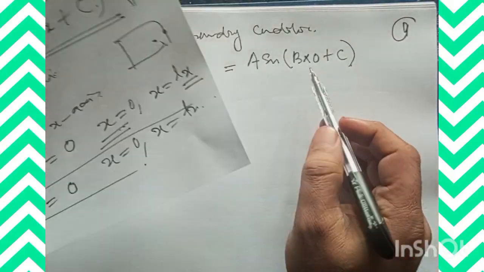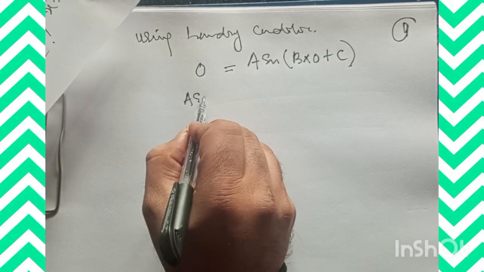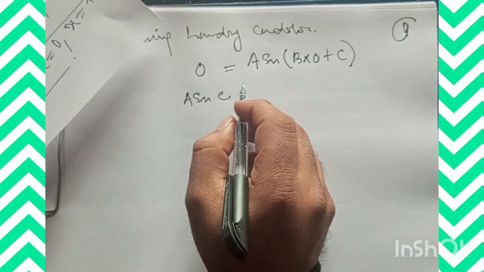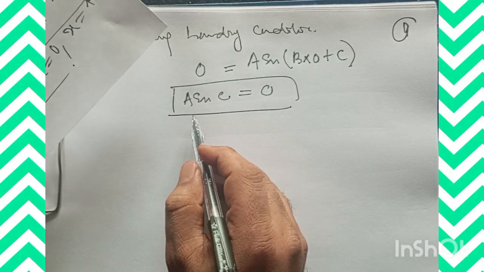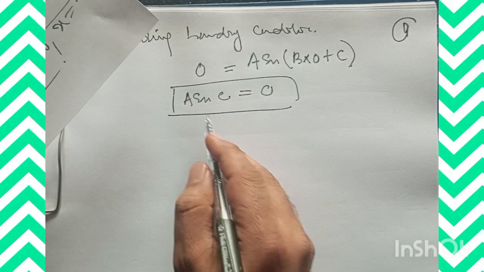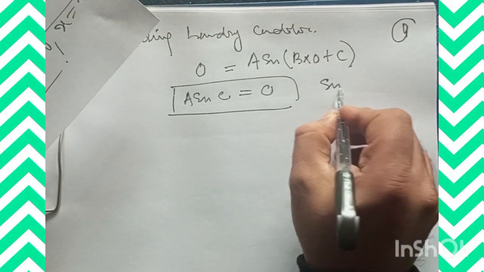So at x equal to 0, a sine c will be equal to 0. Now this a is not equal to 0, so I can say sine c is equal to 0.